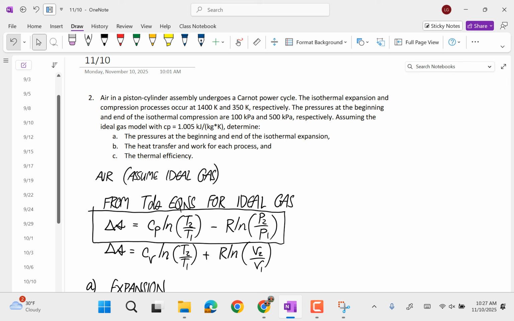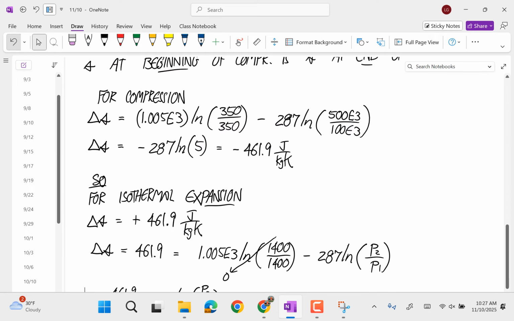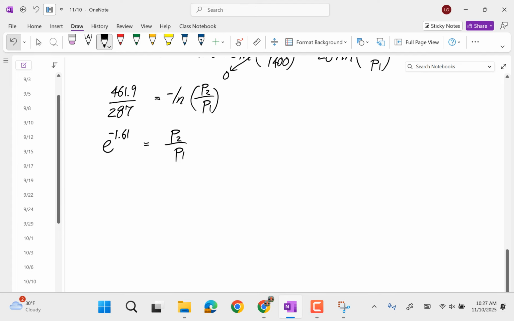What about the definition of entropy, since it's reversible? Looking at this, it says change in entropy is equal to Q. Let me think for a second about the ideal gas law.